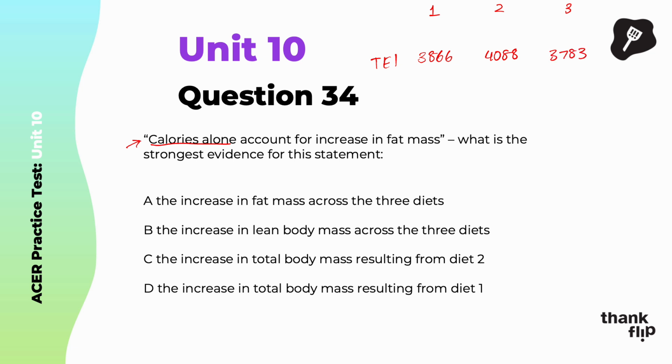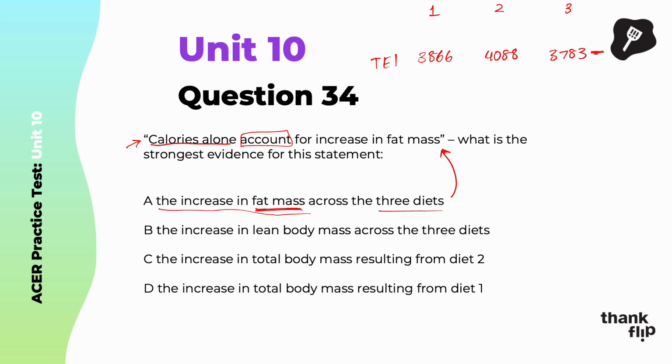Okay, so now let's look at our answer options. It says the increase in fat mass across the 3 diets is supposed to be evidence for this statement. So what we want to do is look at the trend for fat mass across the 3 diets and the trend for total energy intake, because that's our calories. And we want to see which trends match up, because we're looking for what these calories account for, right?